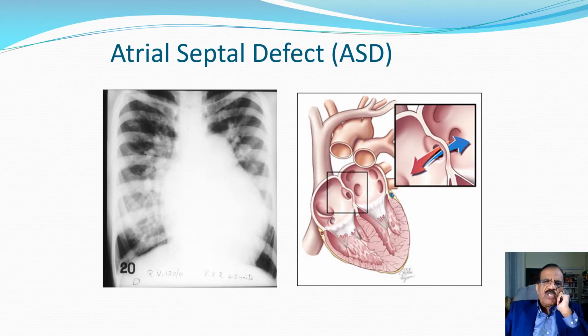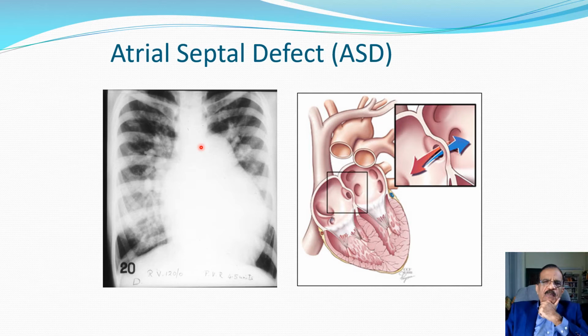This is the picture, and of course, we do not want our patient to go to this stage. This X-ray is a typical X-ray of pulmonary hypertension. Those who know reading these X-rays can appreciate cardiomegaly, and this must be because of the right ventricular hypertrophy.